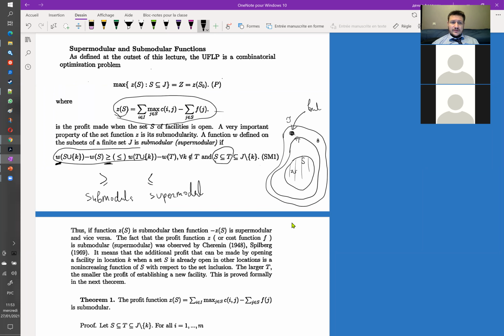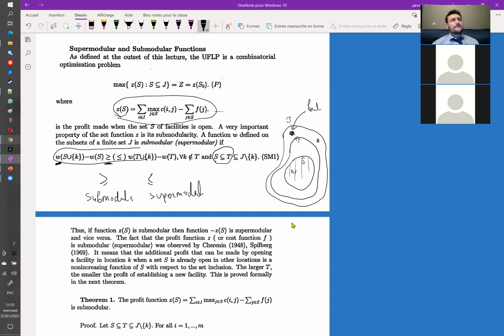And we want to check what about our solution, how much better it is. There is the first variant: if you have a larger set and a subset, and it's submodular, if this increase in profit for our small set is larger than the same for the larger set. Well, how could it be?